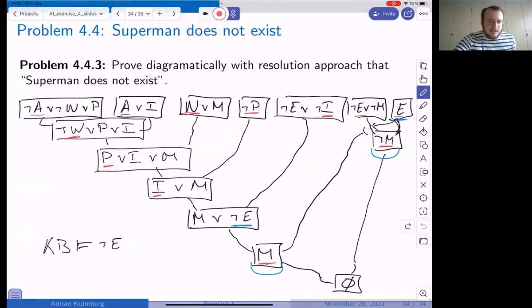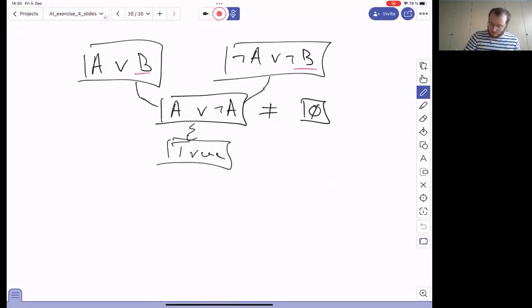Does not E or not M with M or not E end up with not E? No, so if you have something like not E or not M and M or not E, then again, it's the same thing.